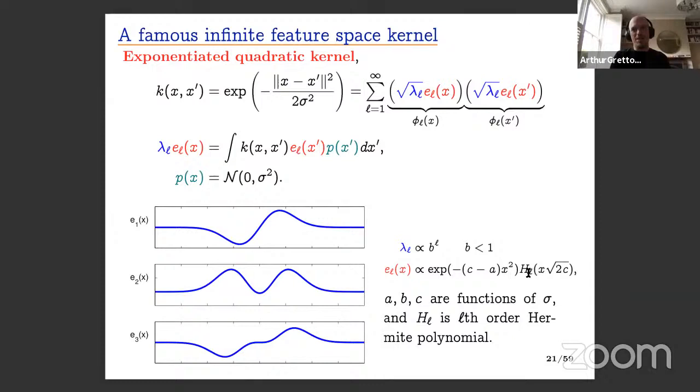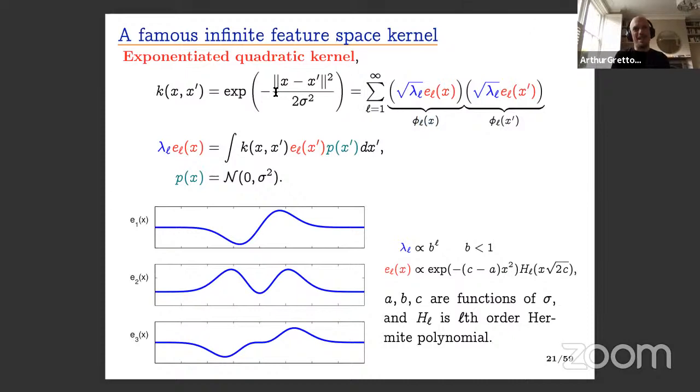As l goes up, they get more and more wiggly. Here are e_1, e_2, and e_3. As we go up, the features get more and more wiggly, and their amplitude gets smaller and smaller. The amplitude has to get smaller and smaller because we need these features to be square summable.